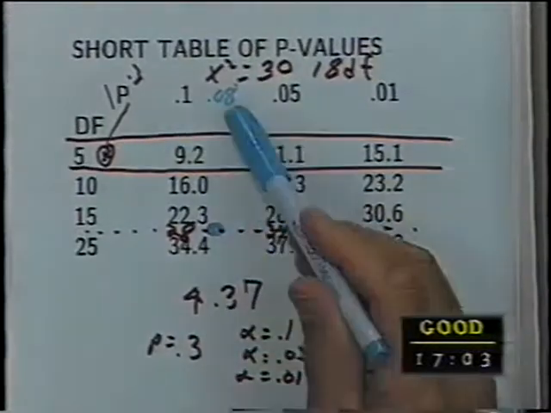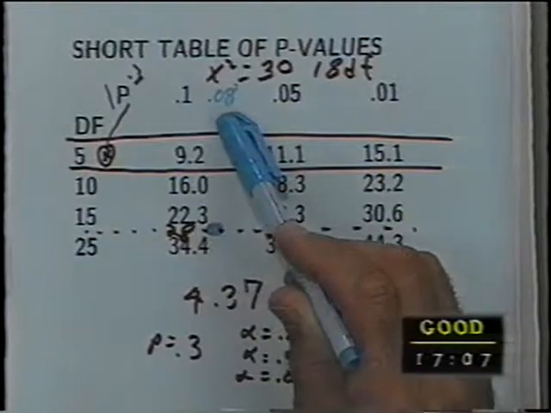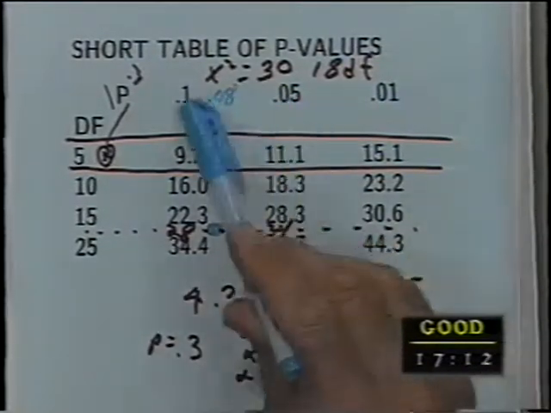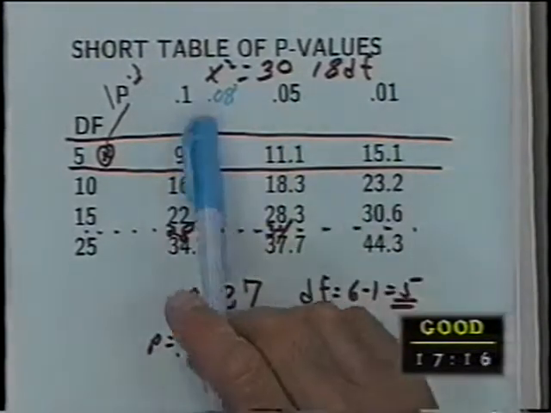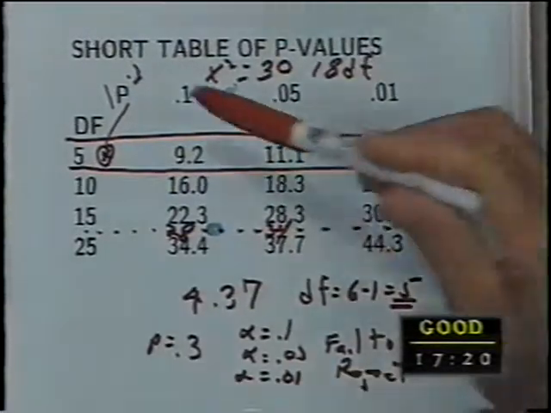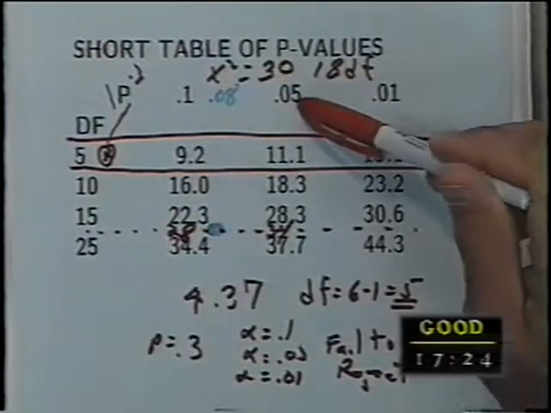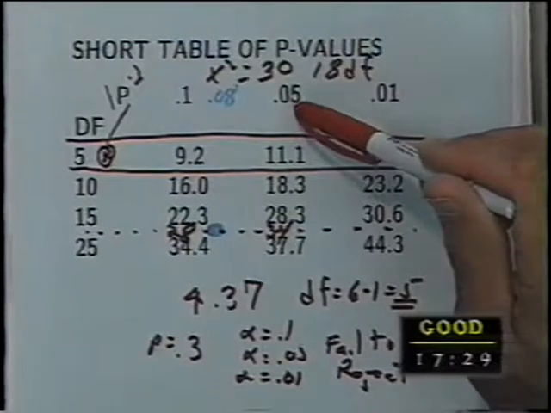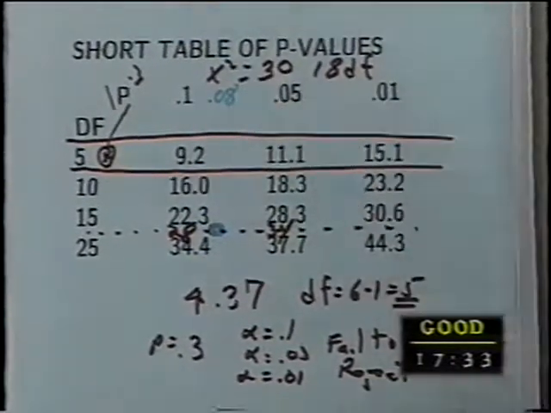Now, it doesn't matter if it's 0.09. I don't even care if it's 0.095 or 0.055. It's somewhere between here. That's all I have to know. Once I know it's between here, and someone says, make a 10% level test, I would say reject, because 10% is bigger than the p-value of 0.08. If someone said make a 5% level test, I would say fail to reject, because 5% is less than the p-value of 0.08.